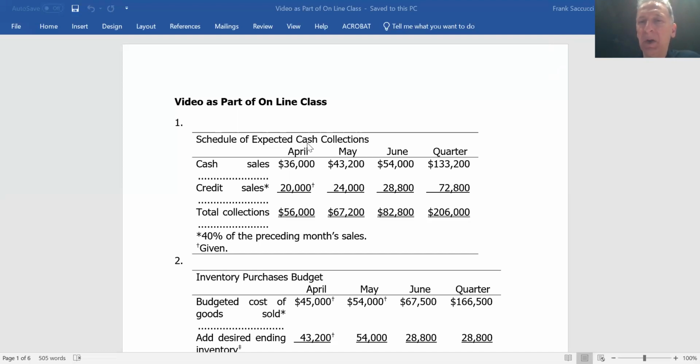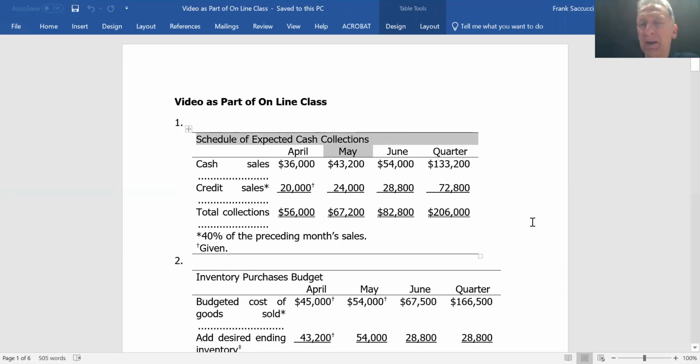When we return to class the week after this online session, we're going to spend a lot more time on these individual schedules. So this is not for you to master the schedules, but just have an introduction to them. The first schedule we're going to introduce is the schedule of cash collections.